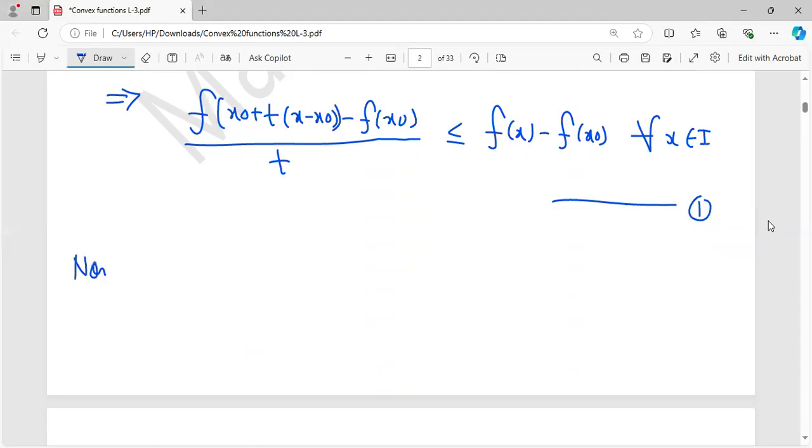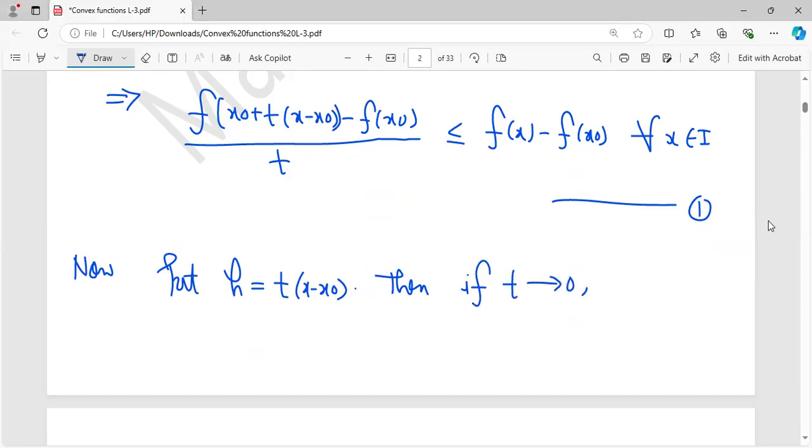Now put h is equal to T times x minus x naught. Okay. Then if T tends to 0, then h also tends to 0.